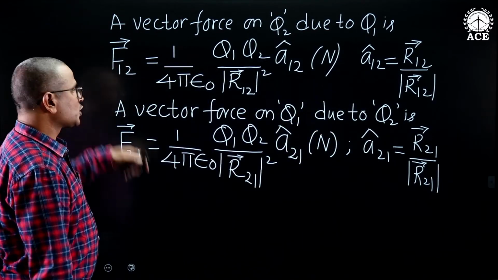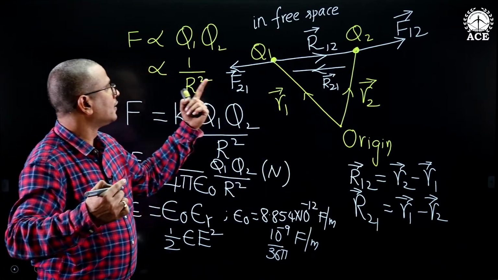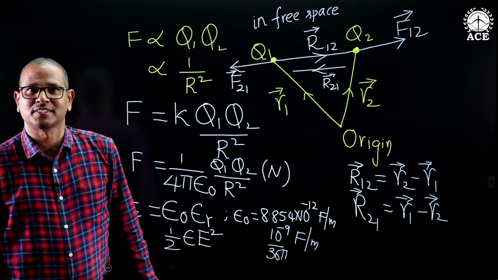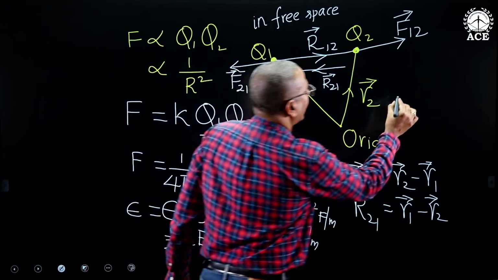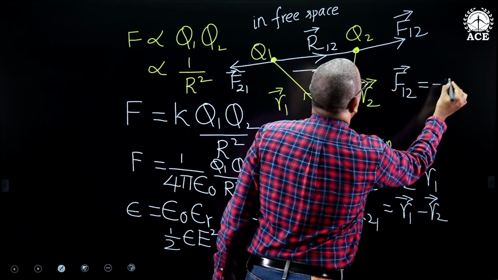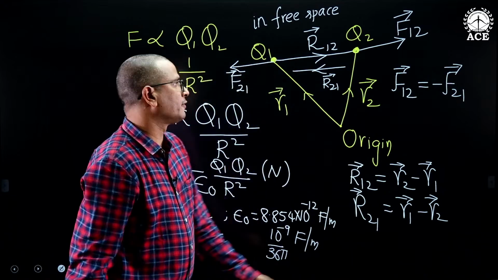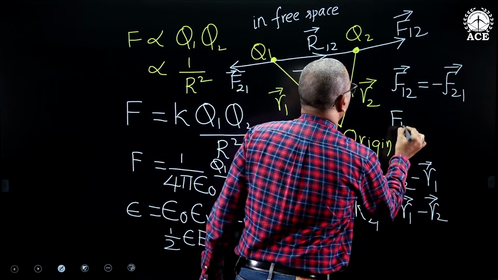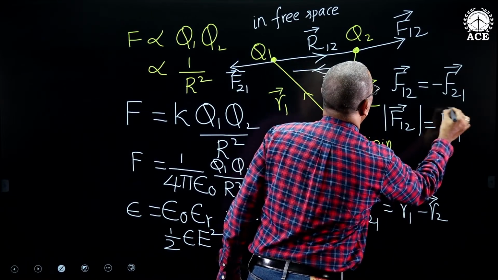If you observe these two forces, they act 180 degrees out of phase. Yes, that is Newton's law. For every force, there is a reactive force. So they differ by a 180 degree phase shift. F12 bar is equal to minus F21 bar, or F21 bar is minus F12 bar. But their magnitudes remain the same. Mod F12 is equal to mod F21.